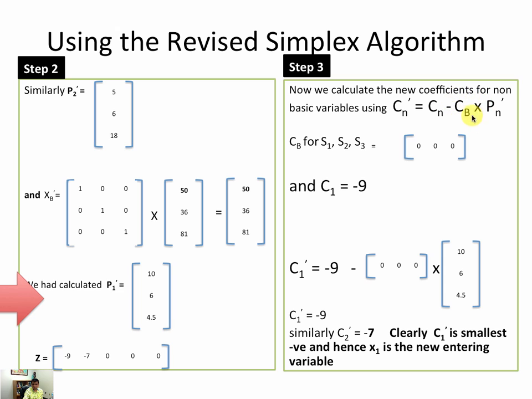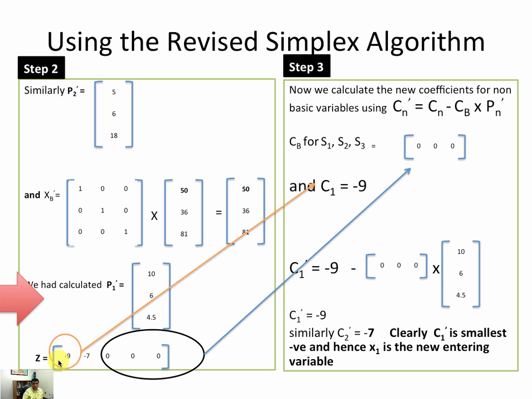So we need to know what Cb is. Cb for our basic variables is given by the matrix from the objective function corresponding to S1, S2 and S3. So in this case it's 0, 0 and 0. Since we are going to calculate C1 prime, we need to find C1, and C1 is equal to minus 9 because it corresponds to P1.